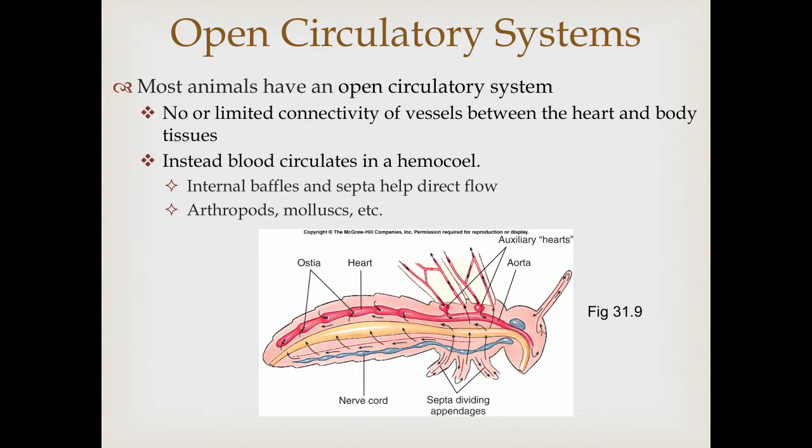Now, there can be some internal baffles and walls or septa that help to direct this flow in more of a circular fashion, but there is no series of closed tubes. So this is how arthropods, mollusks, and most invertebrates circulate blood fluid throughout their body.